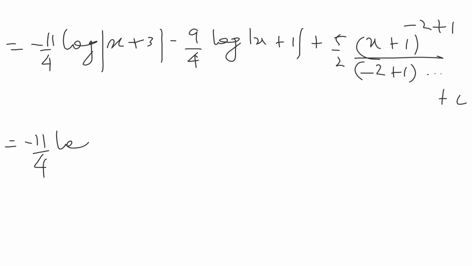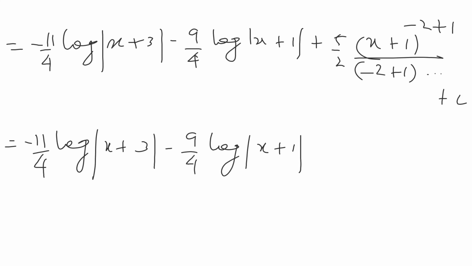So minus 11 upon 4 log mod x plus 3 minus 9 upon 4 log mod x plus 1 plus 5 upon 2 x plus 1 raised to minus 1 upon minus 1.